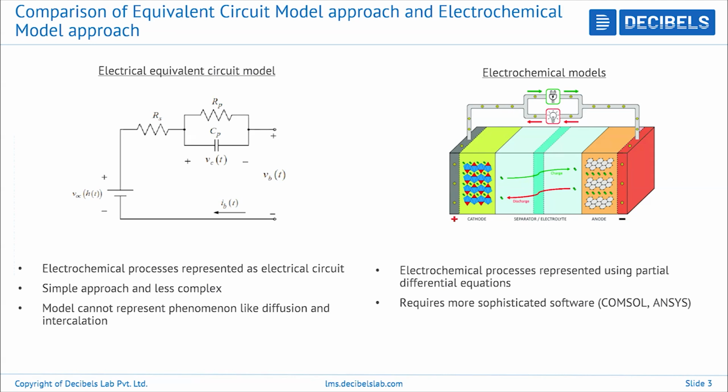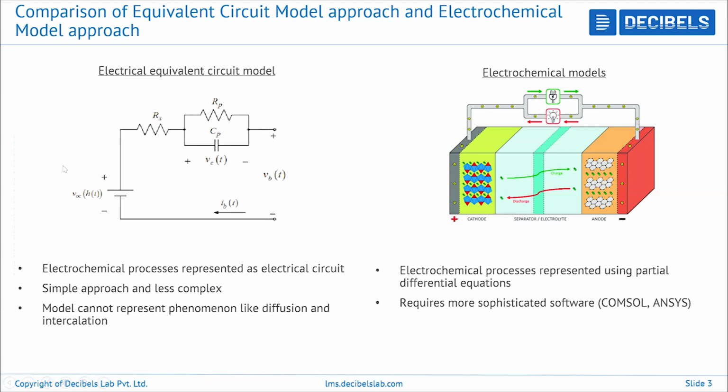Equivalent circuit models are a very simple representation of the electrochemical processes. Instead of going into the electrochemical aspect, we represent each component and each process inside as a set of electrical elements.